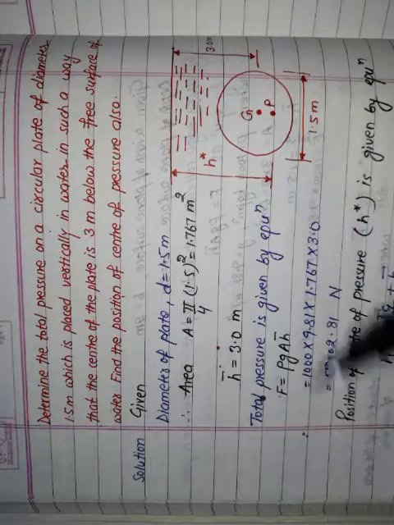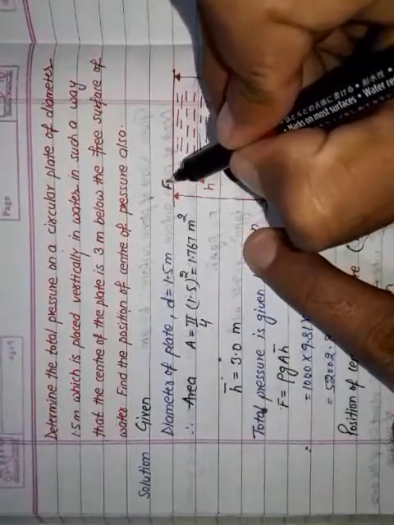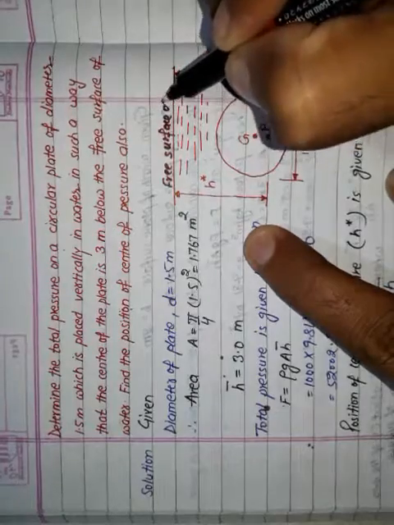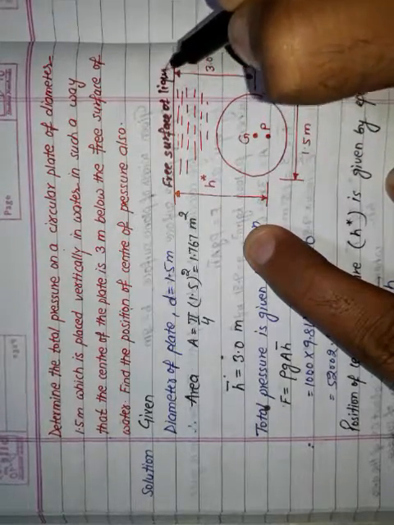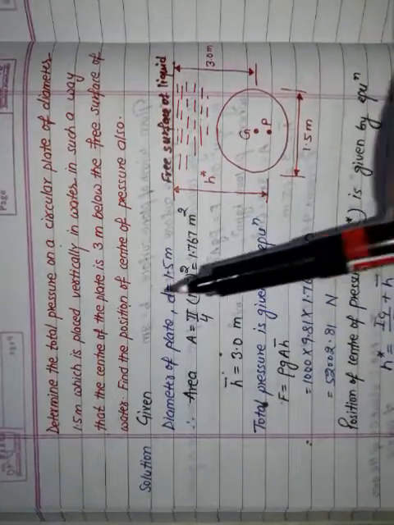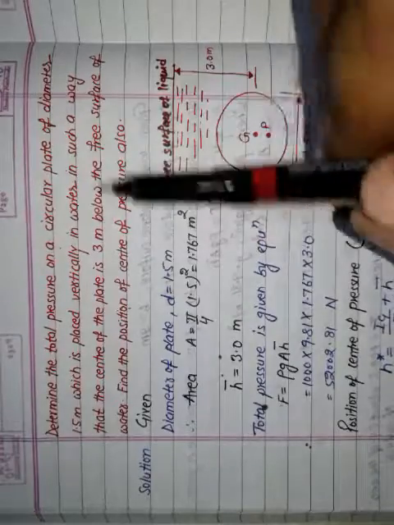Now we move towards the figure. So this is the free surface of liquid, and according to the statement, the center of the plate is 3 meter below the free surface of the water.